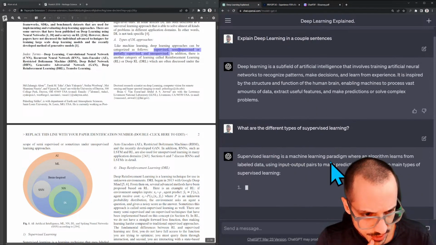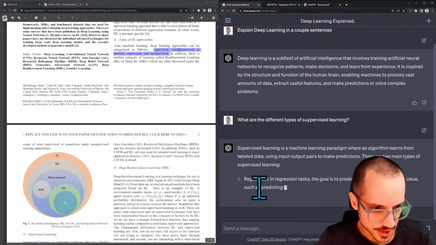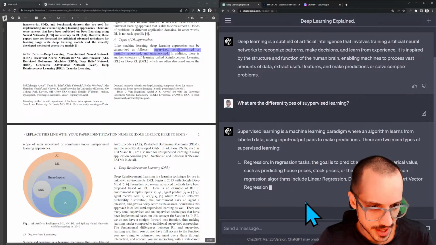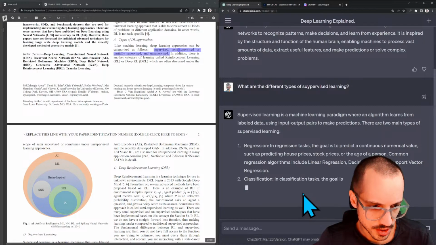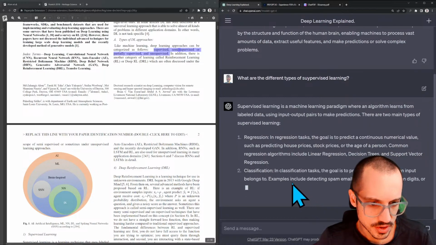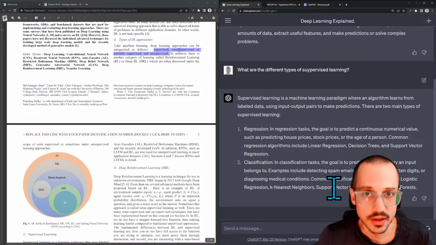Supervised learning is a machine learning paradigm where an algorithm learns from labeled data using input-output pairs to make predictions. Yep, that's correct. There are two main types of supervised learning. Regression. Goal is to predict a continuous numerical value. Okay, and classification. The goal is to predict which category an input belongs to. So that seems all relatively correct.